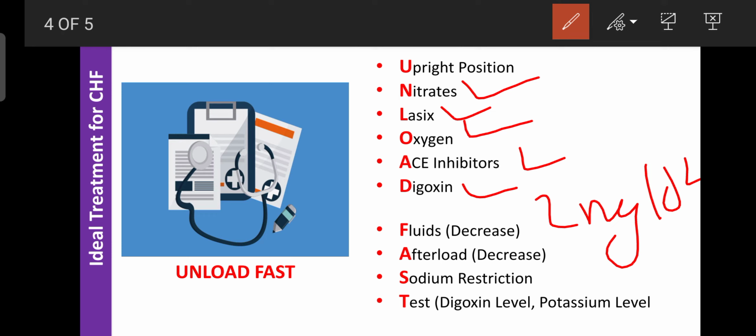Unnecessarily, you do not give excess digoxin. Give it as per the schedule; a digoxin protocol is available online or on many other medicine sites. According to that protocol only, you administer according to body weight or associated conditions. They mention, for example, if the person has congestive heart failure along with kidney failure, then the protocol applies.